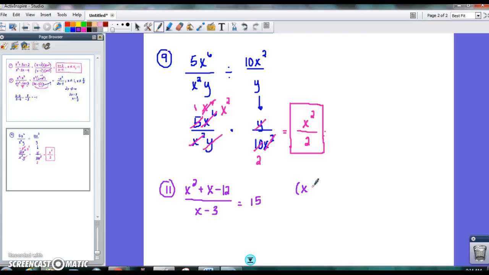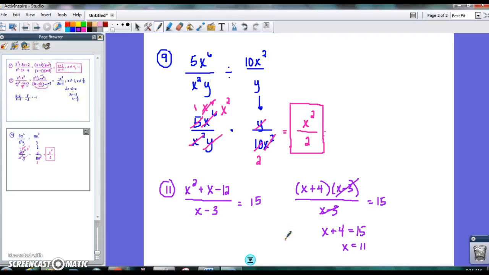You have x plus 4 times x minus 3 over x minus 3 is 15. Your x minus 3's cancel, so you're left with x plus 4 is 15. So x is equal to 11. So that's all you had to do for that.